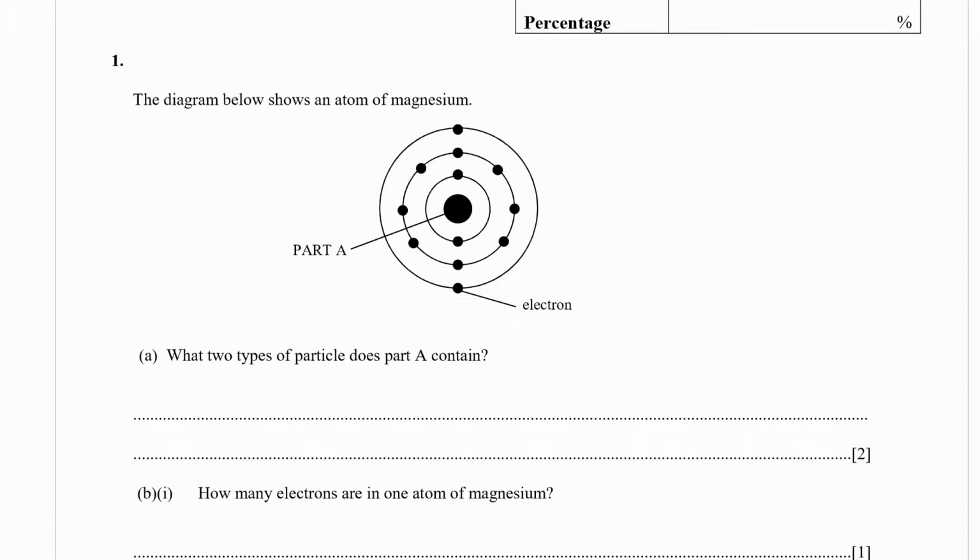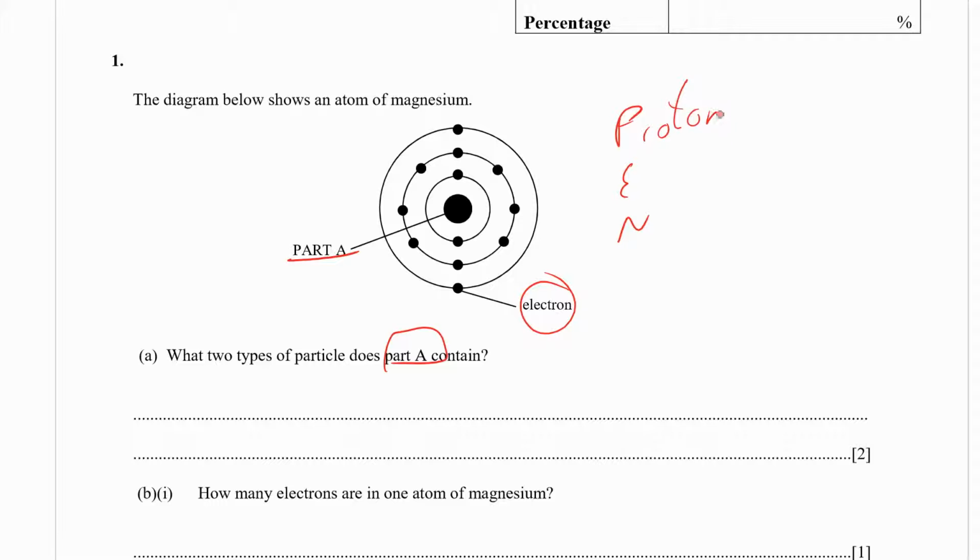So, question 1, part A. What two types of particles does part A contain? So it's talking about part A, which is labeled in the diagram. Now, given that electron is already labeled, there are only two other particles present. And if you brought a pen to class, you should be able to remember them.